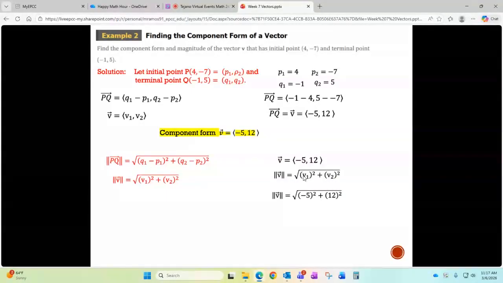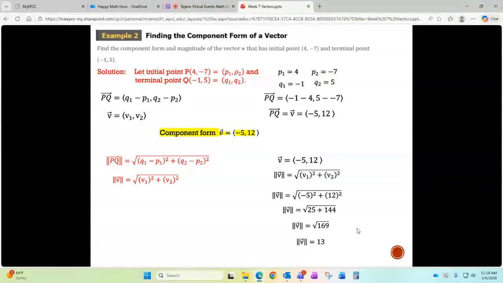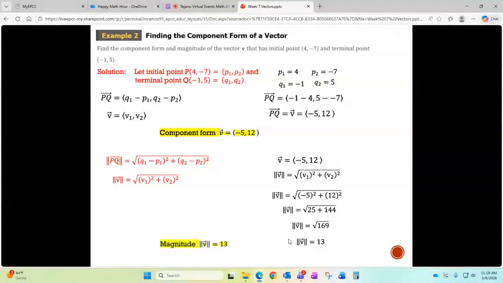If I plug -5 and 12 into the formula, I'm going to get the square root of 25 plus 144, which gives me the square root of 169, and the square root of that is 13. So the magnitude of this vector was 13.